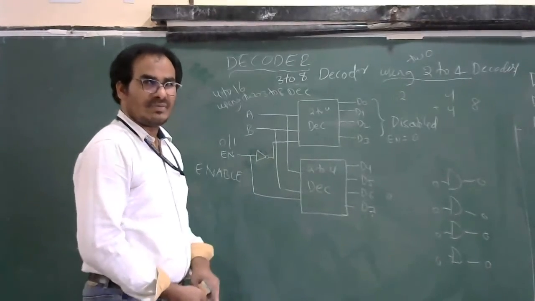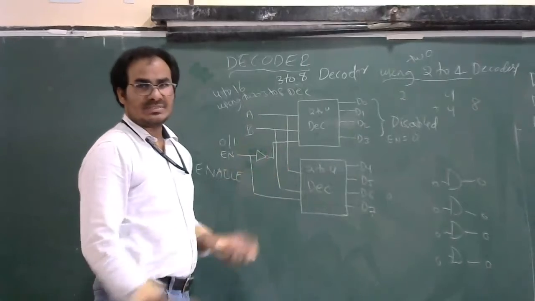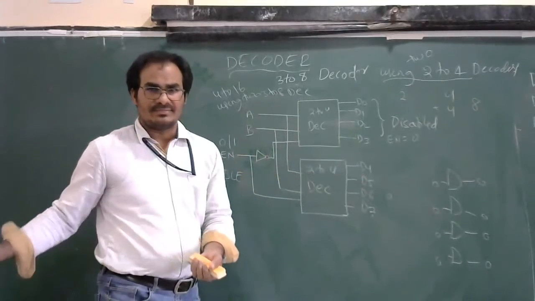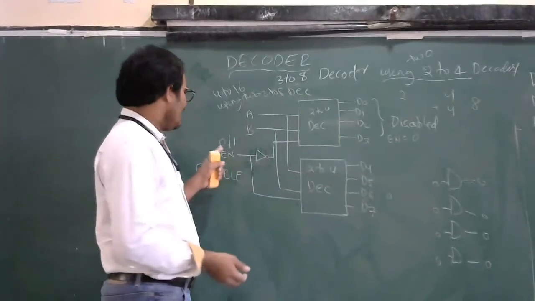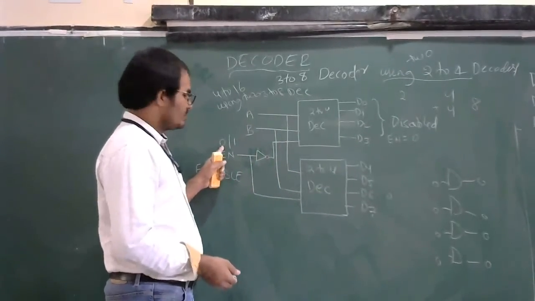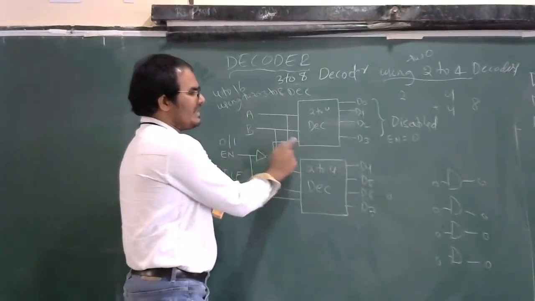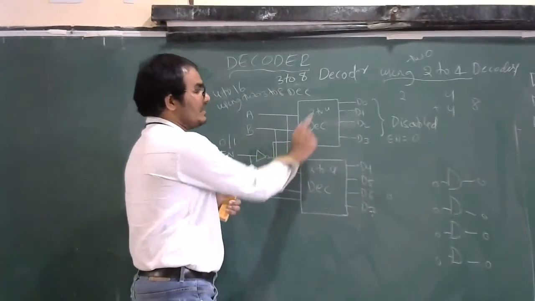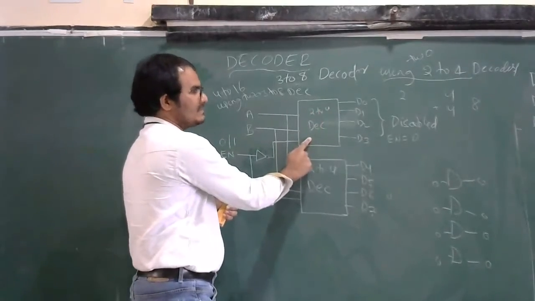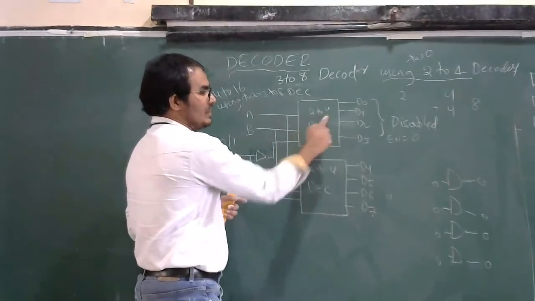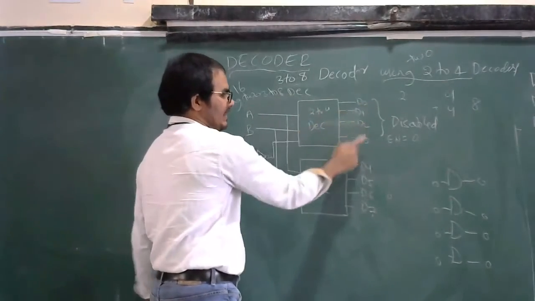I repeat the working of the circuit. When the enable input is 0, the output of this NOT gate is 1. So 1 is connected as the input of the 2 to 4 decoder. Then it will function as a 2 to 4 decoder. It will produce D0, D1, D2, D3 outputs.